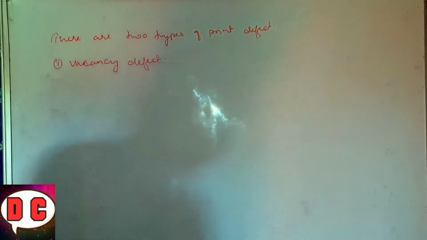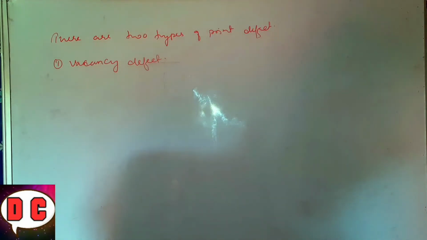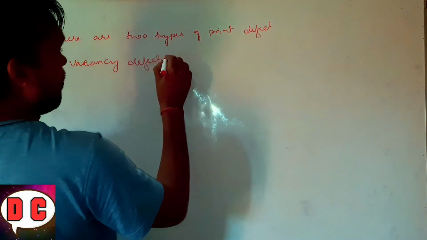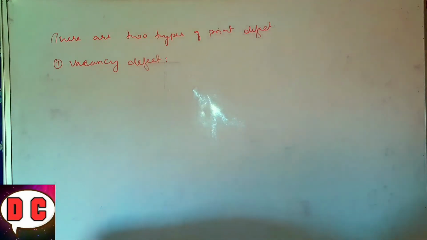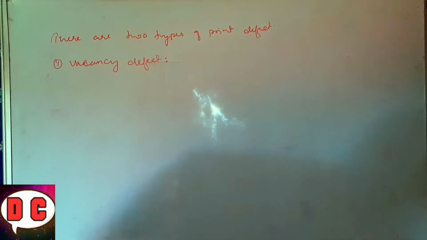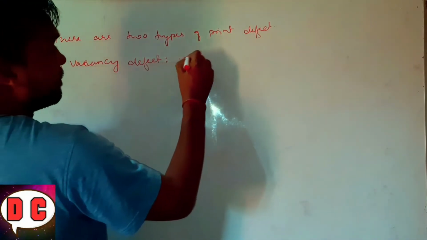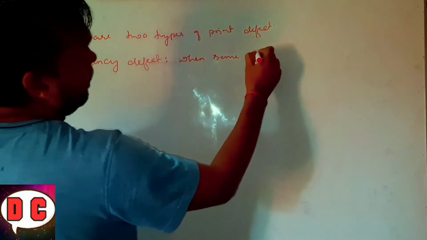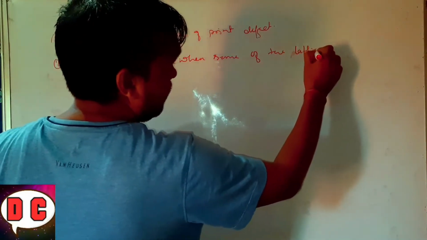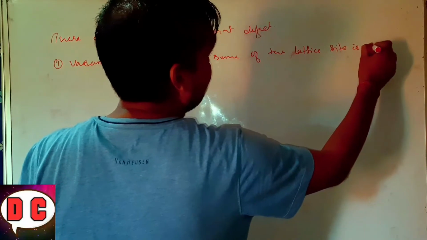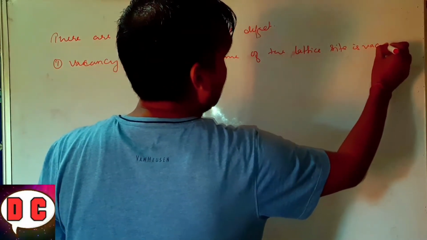Okay, so what is a vacancy defect? Vacancy defect is nothing but when some of the lattice sites are vacant.